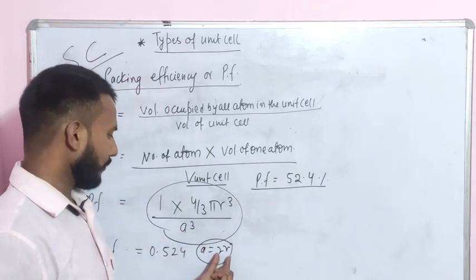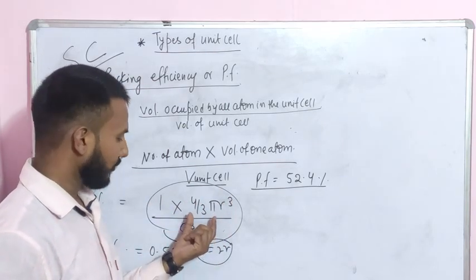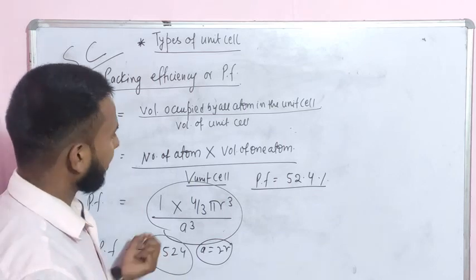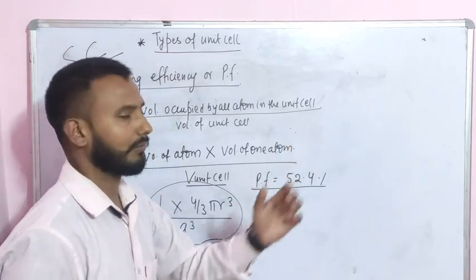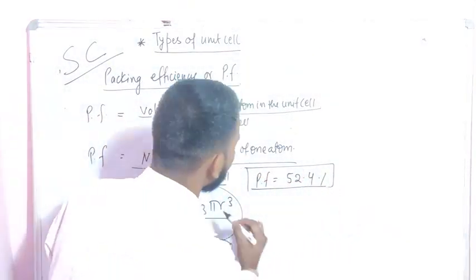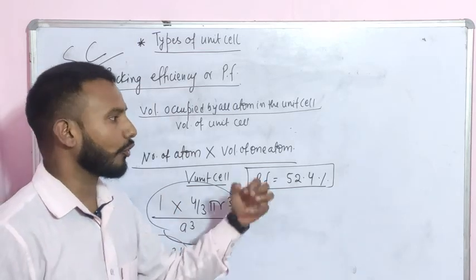That is 1 into 4 by 3 pi r cube upon (2r) whole cube. On solving this, it comes out to be 0.524, and as a percentage, 52.4% on multiplying by 100. So the packing efficiency will be 52.4%.